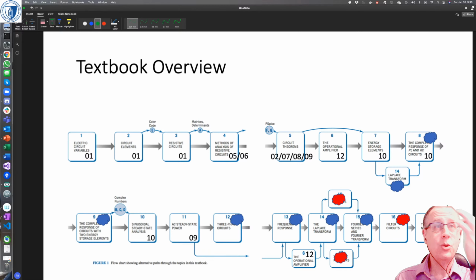I do pull some stuff out of those, but mostly they're not. But we do go all the way through to chapter 7, and then chapters 10 and 11 are pretty good. A little bit of chapter 8. I briefly touch on the Laplace transform, but only in passing. You do not need to know about the Laplace transform for this course. And yeah, that's about it.